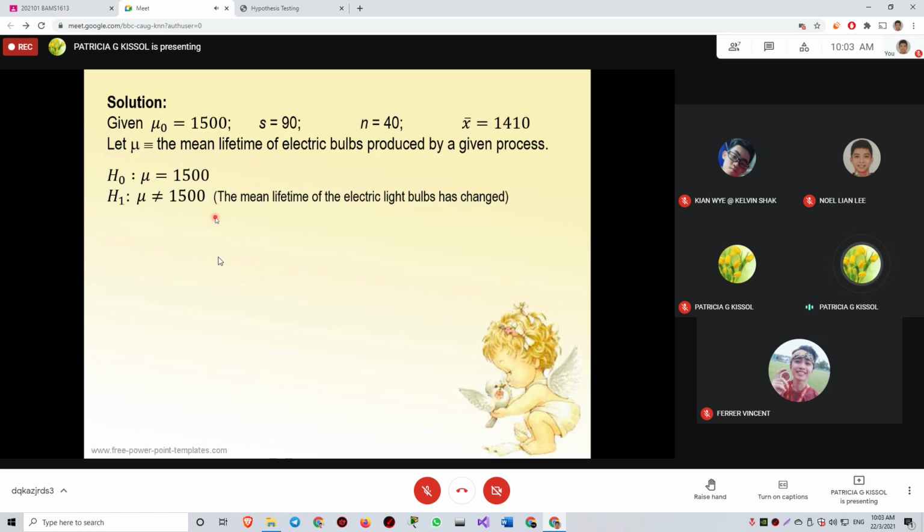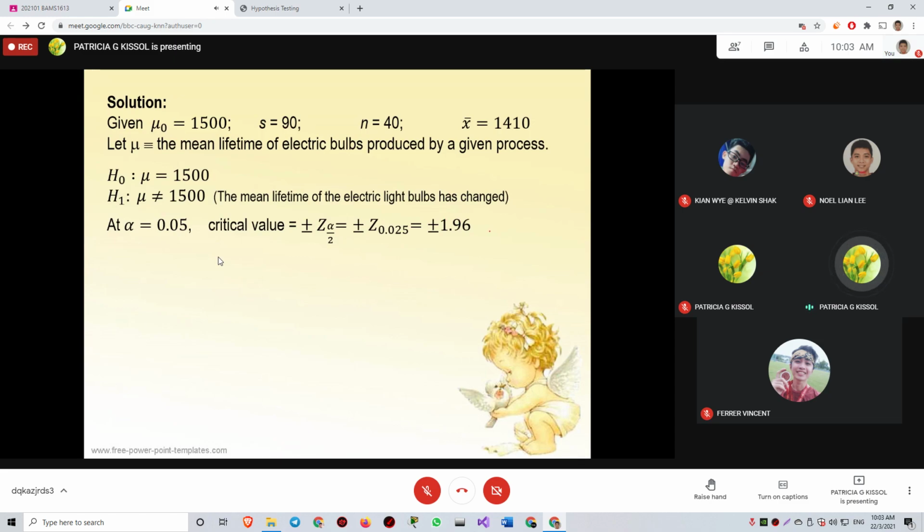Because this is the alternative hypothesis, our alpha we have to divide by 2. So 0.05 divided by 2, you get 0.025. And when you check from the table, 0.025 is equivalent to 1.96.